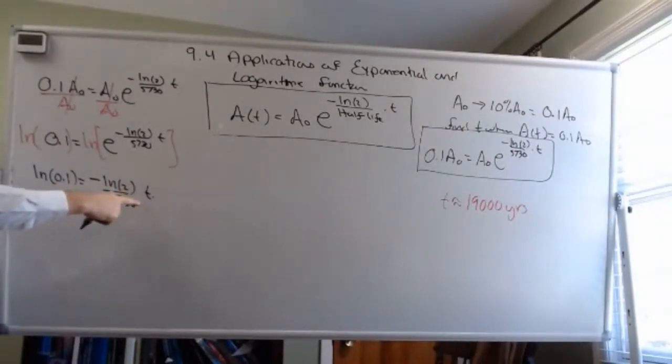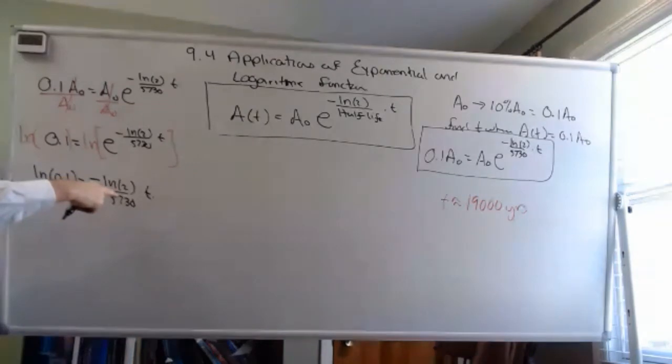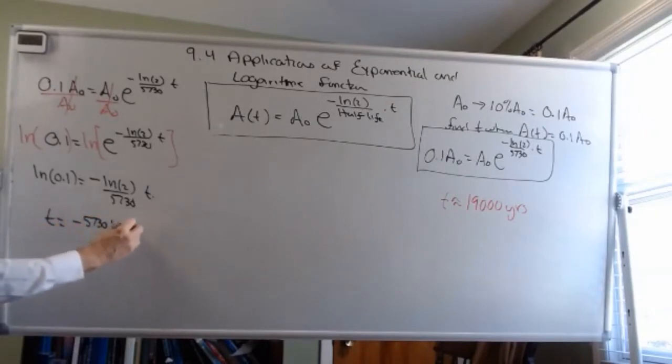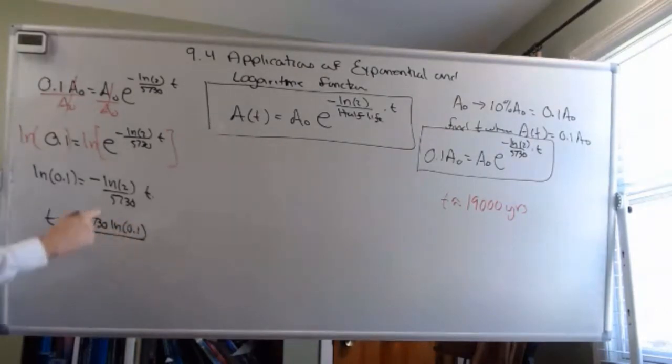I can easily solve that for t by multiplying both sides by 5,730 and dividing both sides by negative the natural log of 2. And I get t equal to minus 5,730 times the natural log of 0.1 all over the positive natural log of 2.